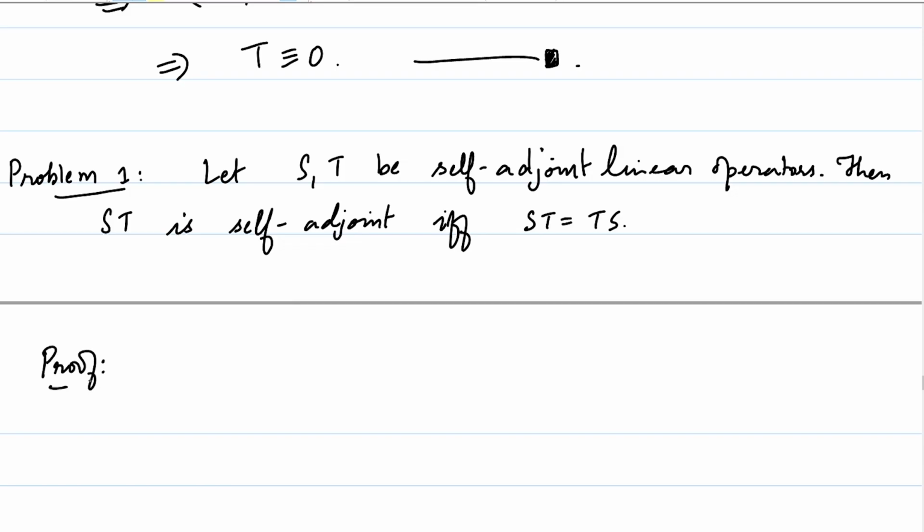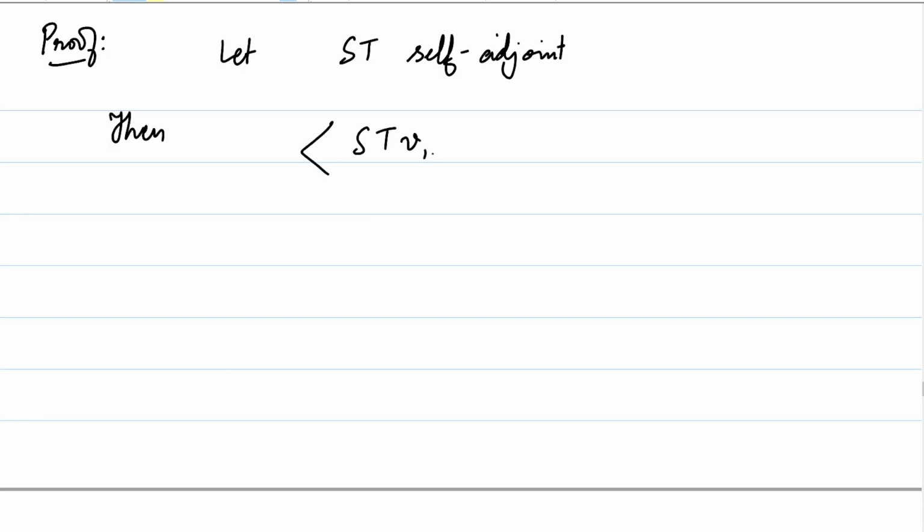So let's see, this is a proof. Let ST be self-adjoint. Then what is going to be the inner product of STV with W, for V comma W in capital V?